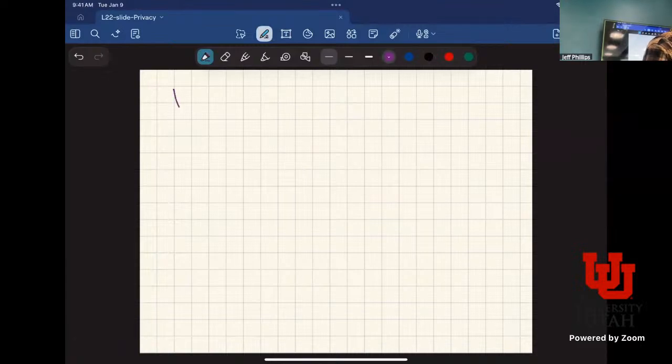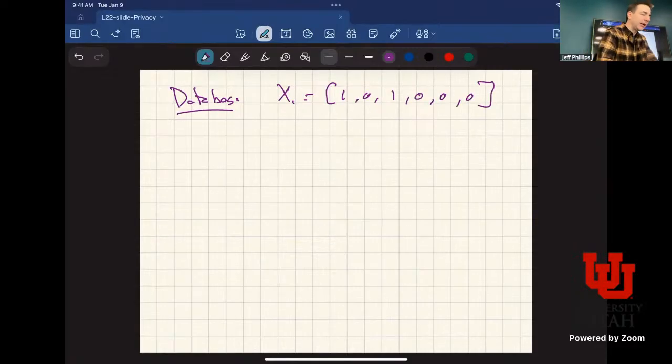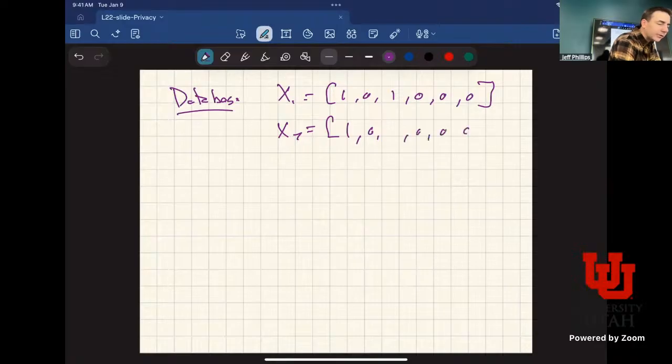So what happens is instead of a single object in a set, what I often get is a database where x1 is going to be a sequence of 0, 1, 0, 0. I'm going to think of this as a database, and this is 1, 0, 0, 0, 0, and this one is different.